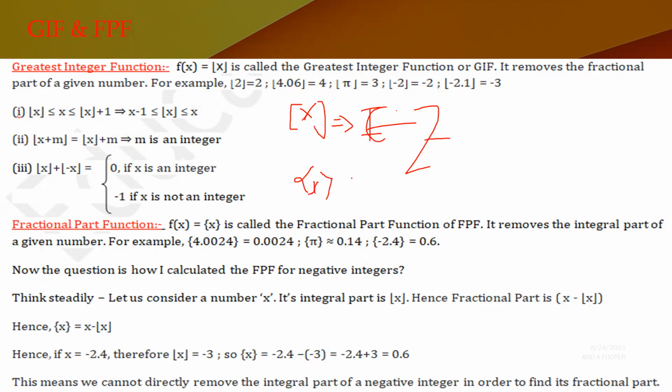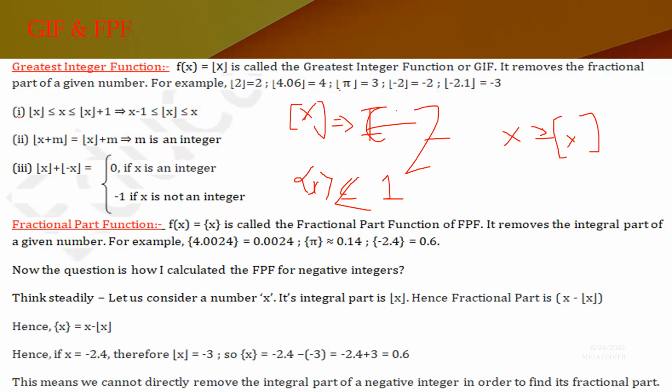So these are some important identities. The fraction part always has to be less than 1. And you can also see that x, the number, has to be always greater than or equal to GIF of x. And GIF of x is a number less than the real number.